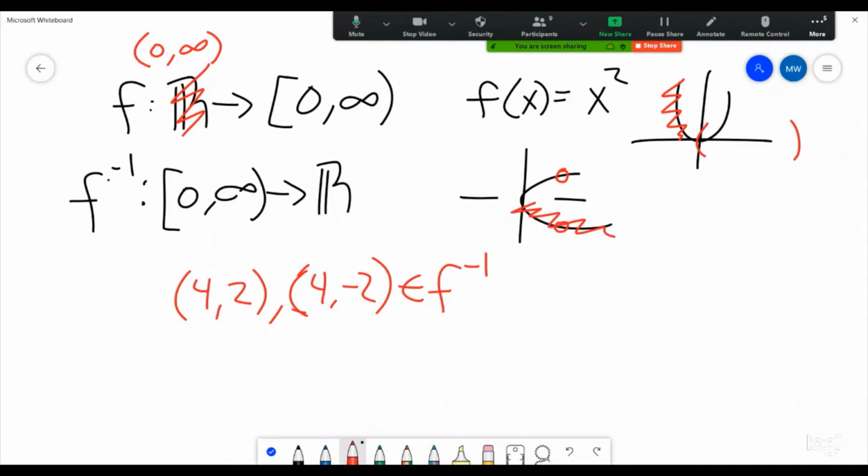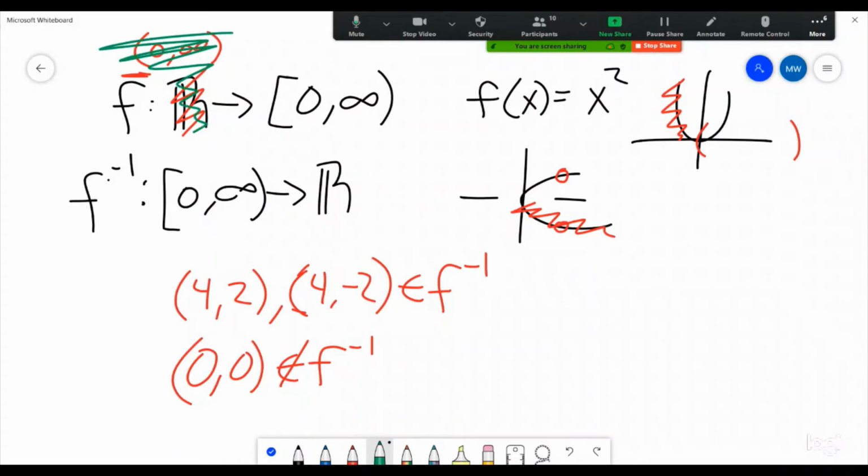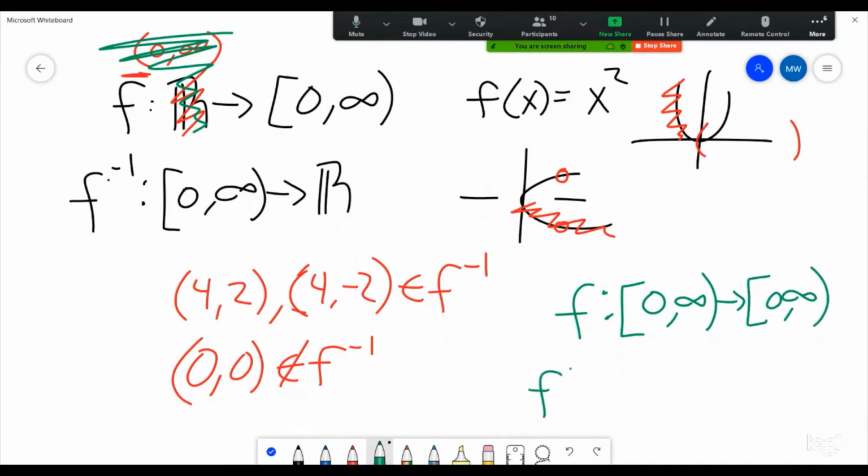But then the problem is now we don't have 0, 0, which would be in the inverse as well, because we have eliminated that when we made it the fully open interval. So in order to make it work, we would have had to have f be defined from 0 to infinity to 0 to infinity in order for f inverse to be a function.